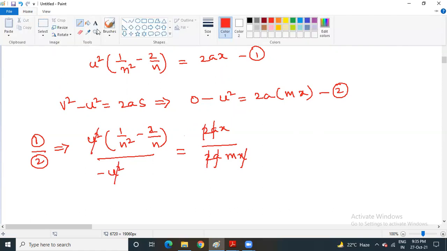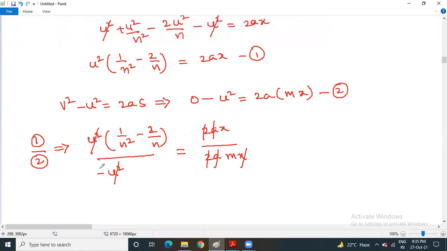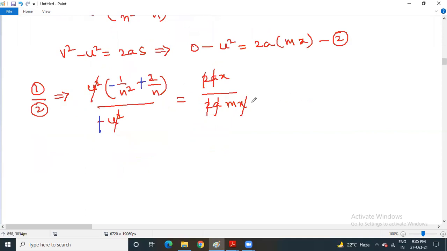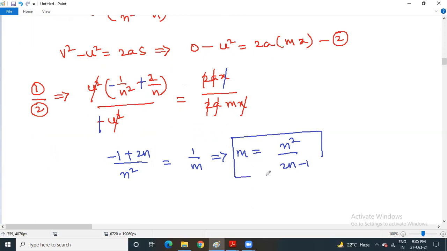If you cancel the minus, you will get plus here, minus here. Now take out n square common, n square may be the LCM. You'll get minus 1 plus 2n is equal to 1 by m. So how many planks means m planks required, the equation for it is m equals n square by 2n minus 1. This may be the question in competitive exams.